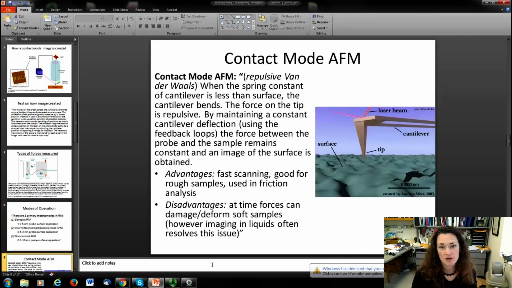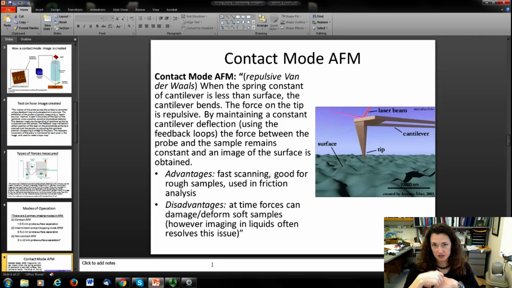So let's first talk about contact mode AFM when you're in that repulsive van der Waals regime. First of all, you only want to do this with samples that have relatively hard surfaces because your tip is constantly touching that sample. And so that leads to one of the main disadvantages of contact mode AFM, which is that the tip can actually damage the sample or deform it if the sample is too soft.